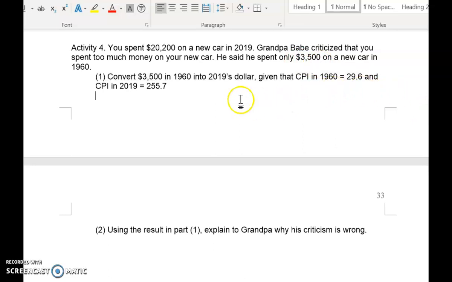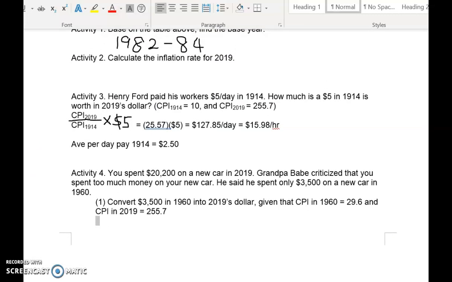So use the way I convert the money to convert that, and then see if you can use your result in part 1. Explain to grandpa why his criticism is wrong. Okay, I may not ask this part though. I'm going to put some questions similar to this as a bonus.